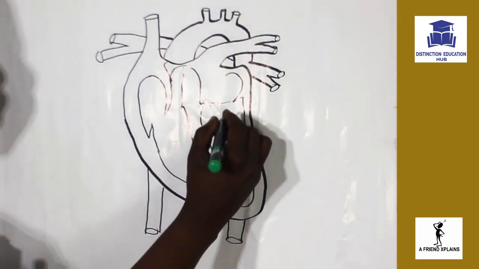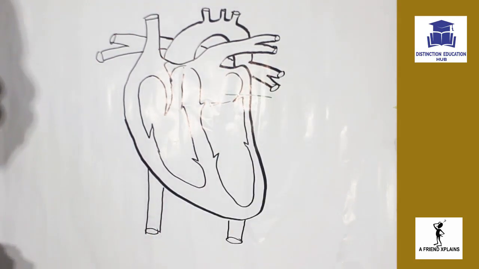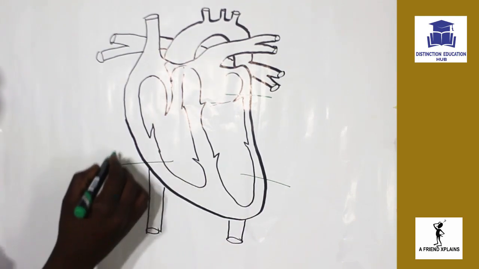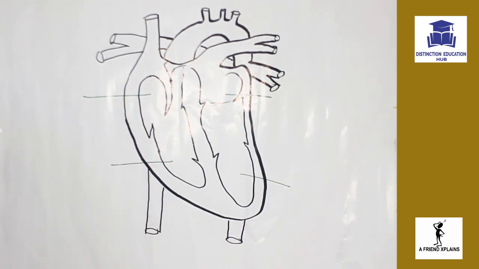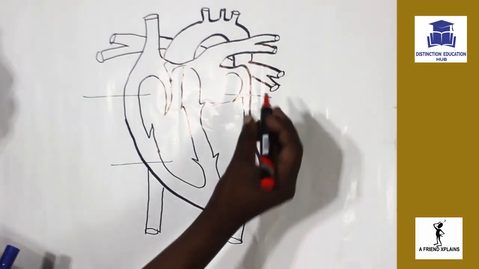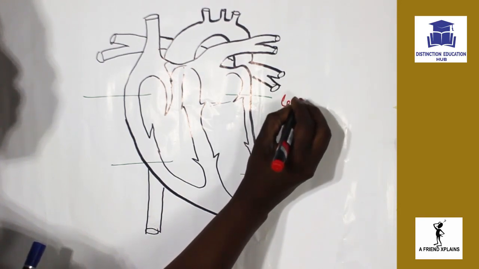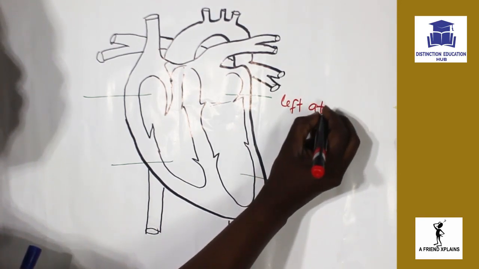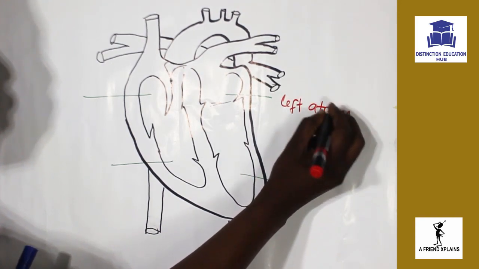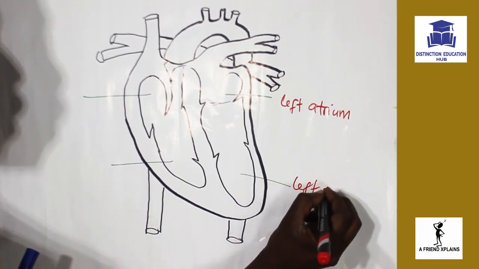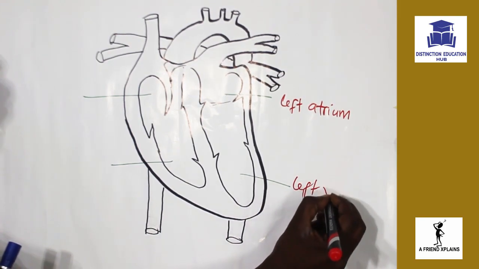So you have first to begin by labeling the chambers of the heart. This is my left, I believe by now you know. So this will be my left atrium, and this will be my left ventricle.